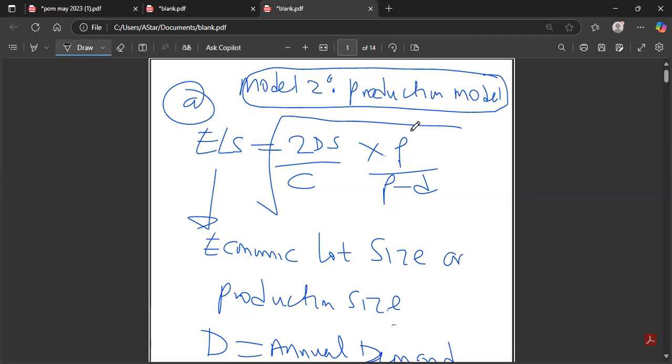Just 1 minute away. We're going to do this question for inventory, and I'll do a topic for you for revision today called shop floor planning and job sequencing. Is that okay? Yes, that's okay. Okay. So this is model 2 production model. Start writing.